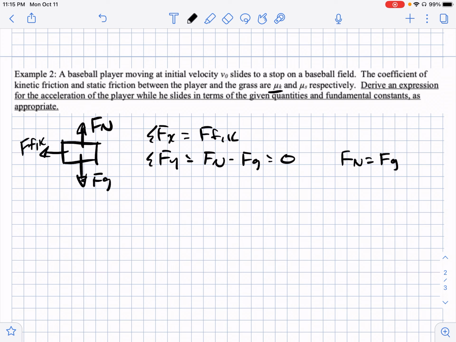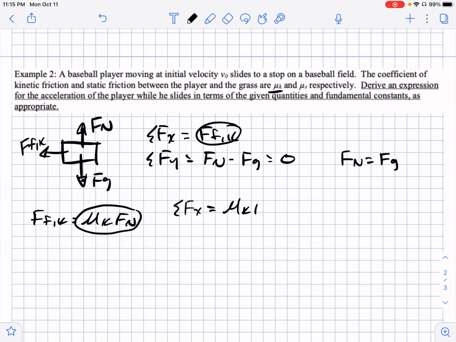And so now we can go ahead and start doing some of our substitutions. We know an equation for friction, and that's equal to mu k times the normal force. And so we can substitute this in over here. So if we rewrite that, the net force in the x direction is going to equal mu k times the normal force.